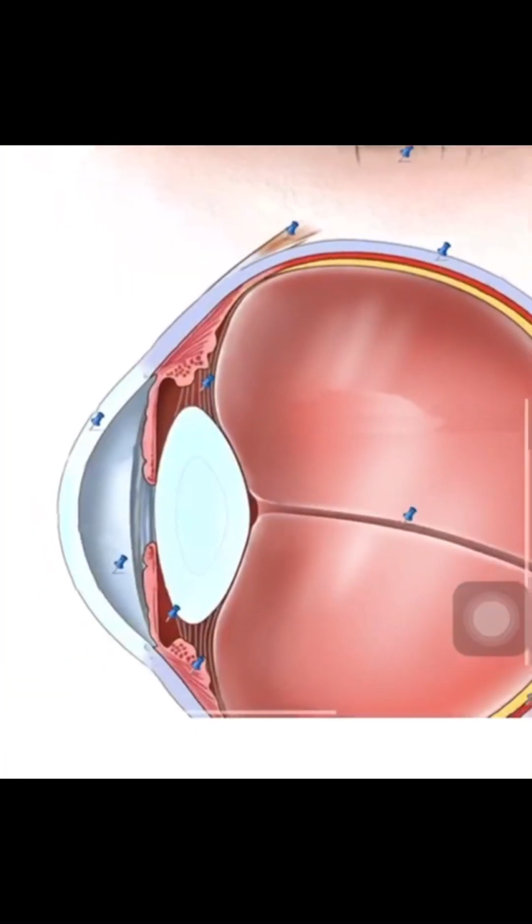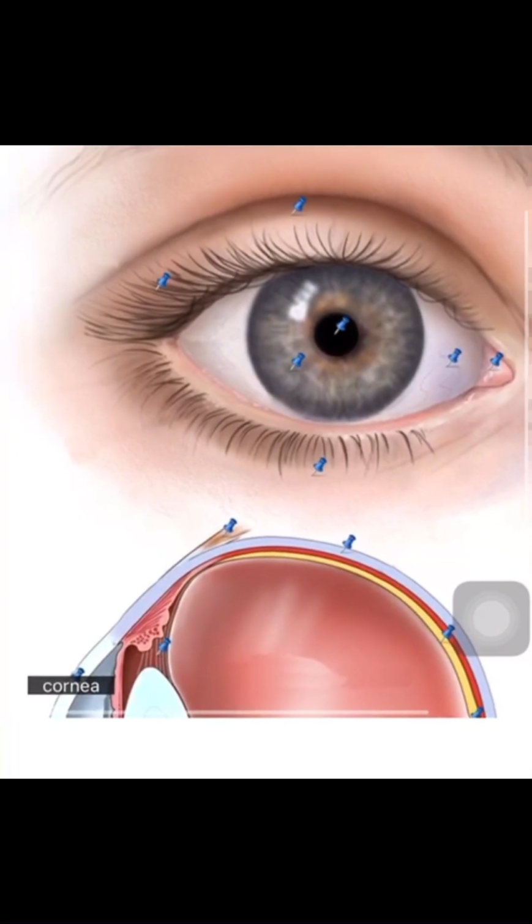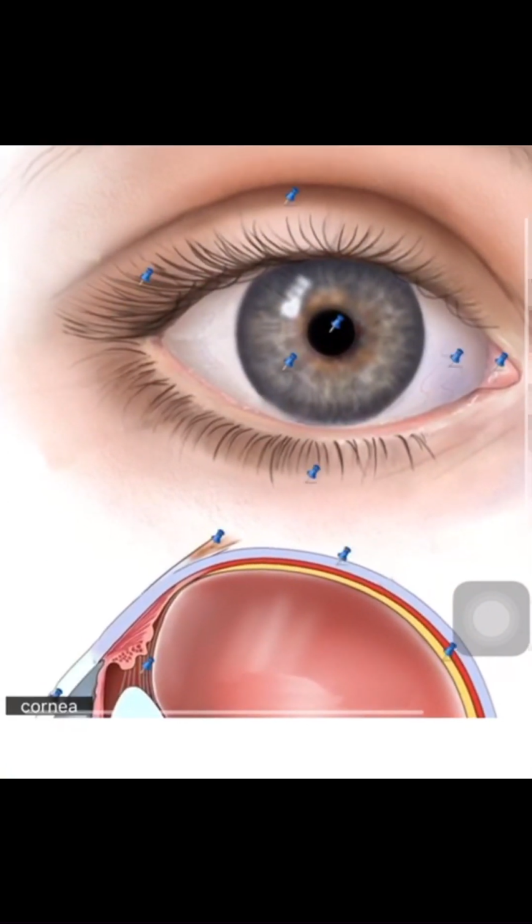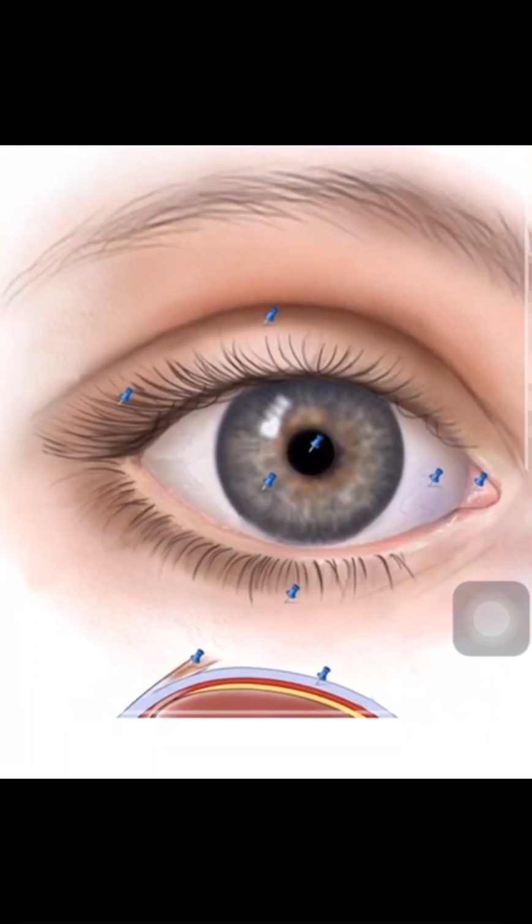The space between the cornea and iris is called the anterior chamber, and the space between the iris and lens is called the posterior chamber. That's all about the middle vascular layer.